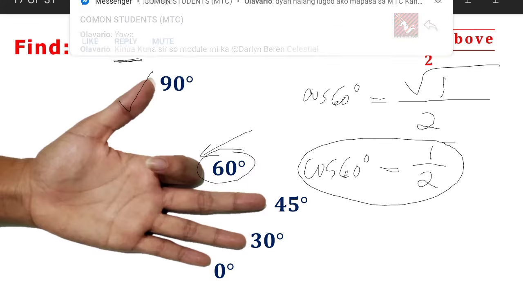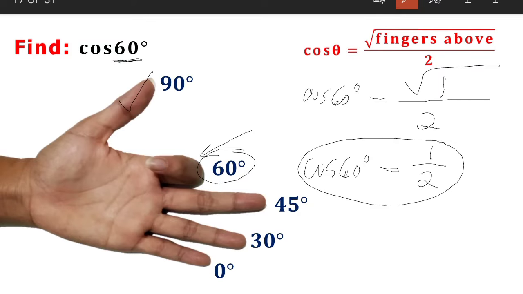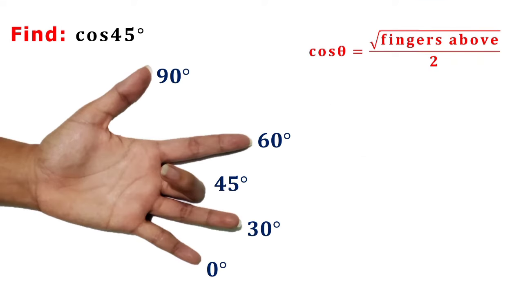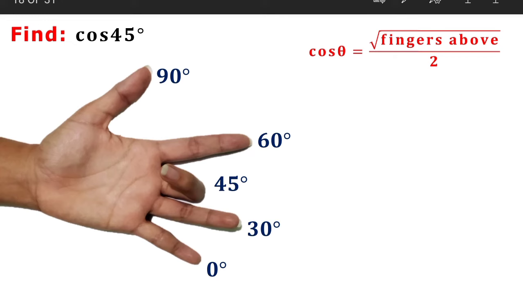Okay, so same as with the sine, it is easy. You will just count the fingers above. For cosine 45 degrees, a while ago, we learned that sine 45 degrees is square root of 2 over 2, and so cosine 45 degrees is also square root of 2 all over 2. Now, let's see if cosine 45 degrees is also square root of 2 all over 2.